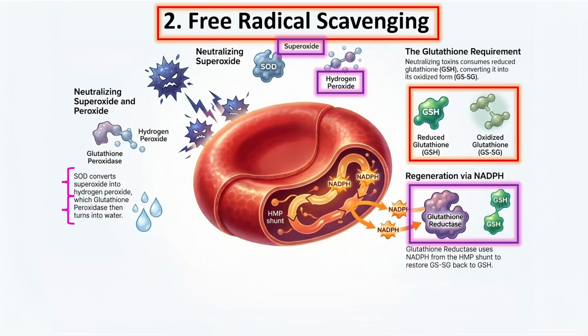For the peroxidase enzyme to continue working, the supply of reduced glutathione must be constantly replenished, which needs the glutathione reductase enzyme, as it converts the oxidized form to the reduced form. But for glutathione reductase to function, it needs NADPH, and this is where the HMP shunt pathway is significant in free radical scavenging.